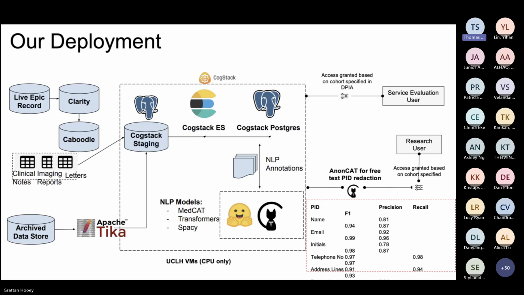Either there's a governance requirement to de-identify the data, which means that we have to redact names, addresses, anything that's sensitive to the patient, in which case we have a model called AnonCat, which can detect and redact those names. If not, then we have another workflow for letting patients access that data.